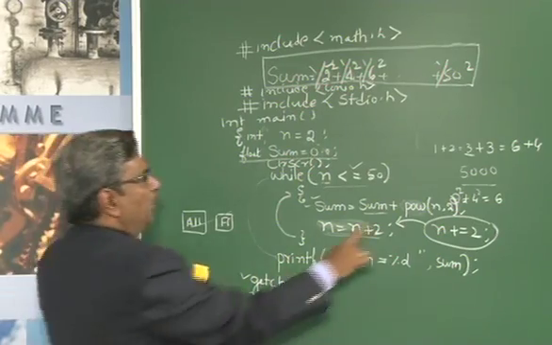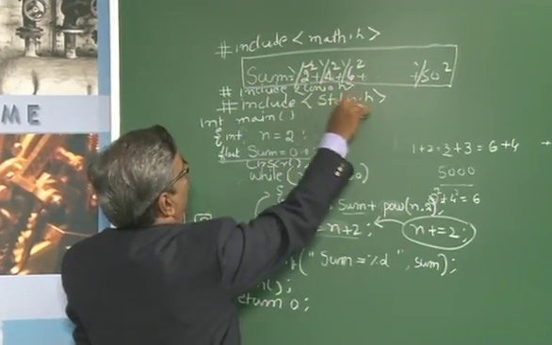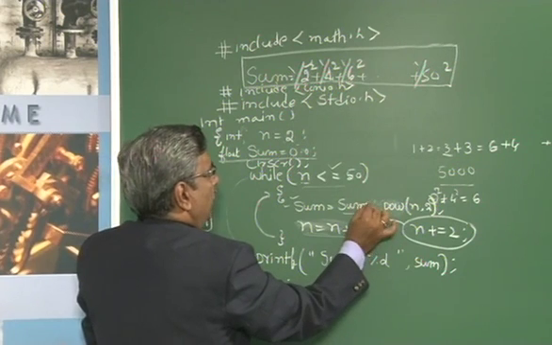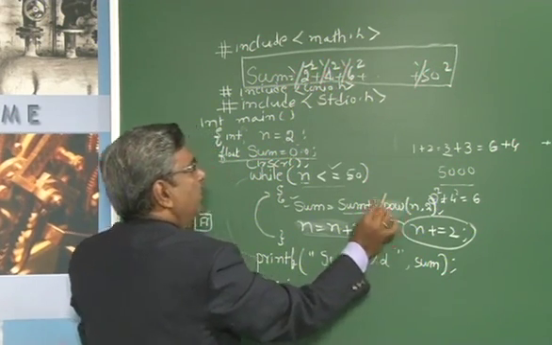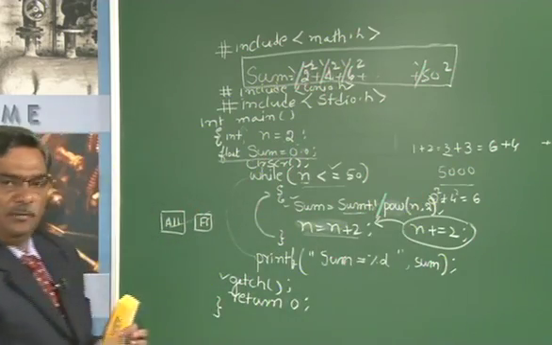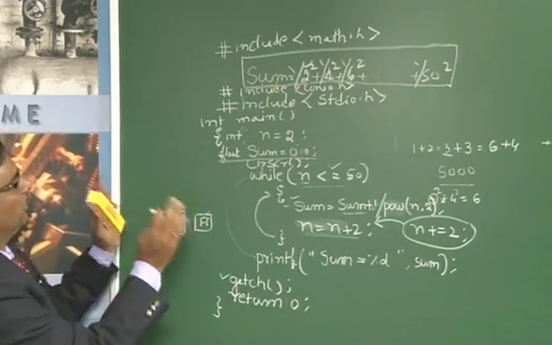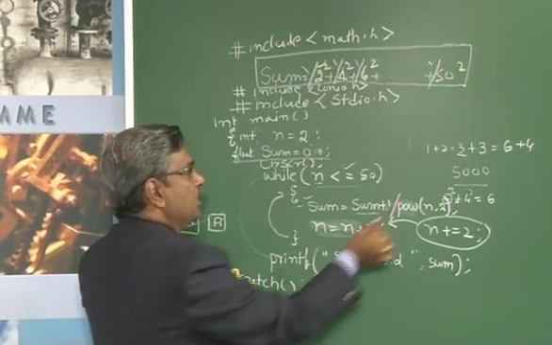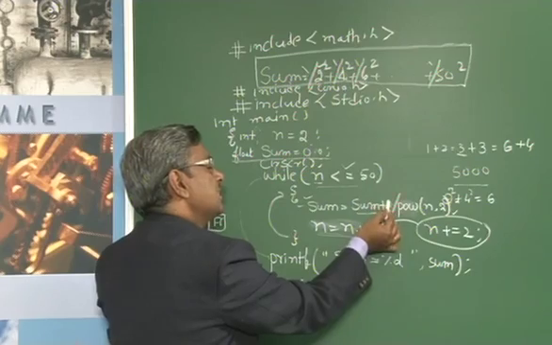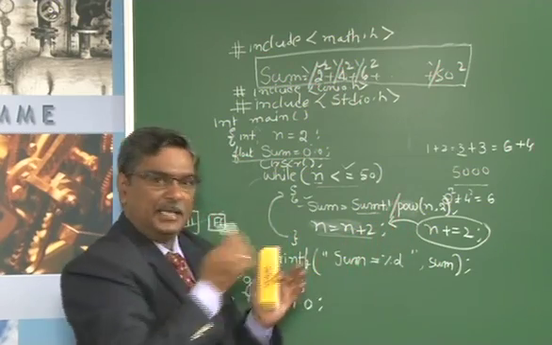So, the power function works correctly here: plus 1 divided by power of n comma 2, it supports. Only a small observation you have to make here: this part is integer, this is also integer, so it becomes integer division.